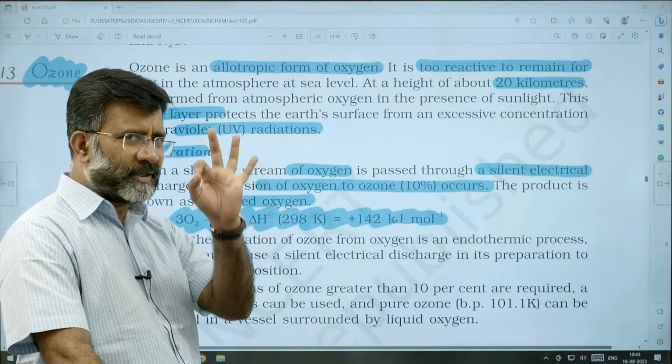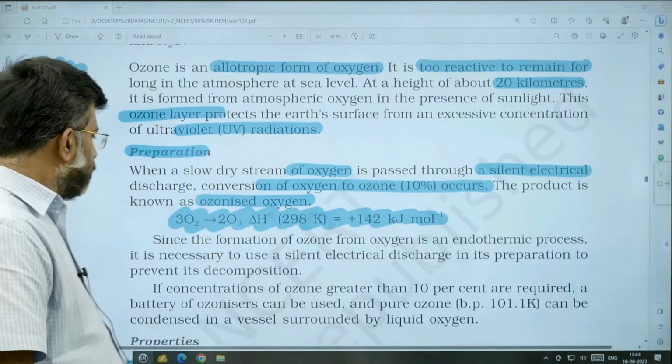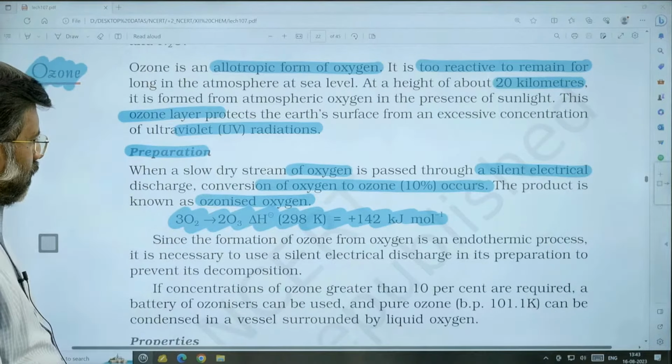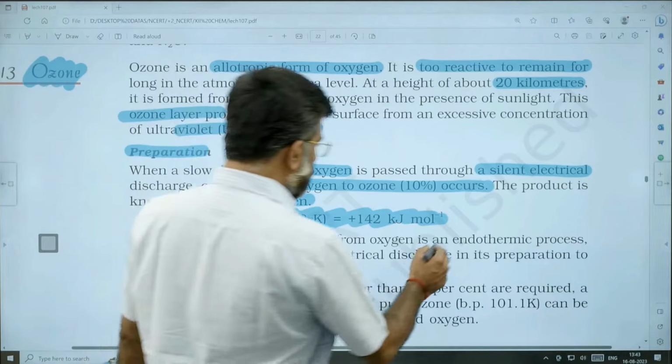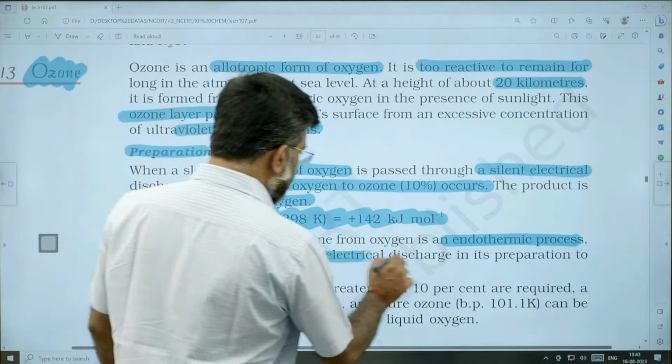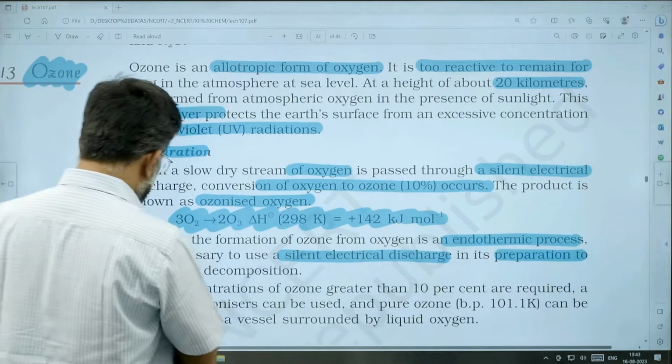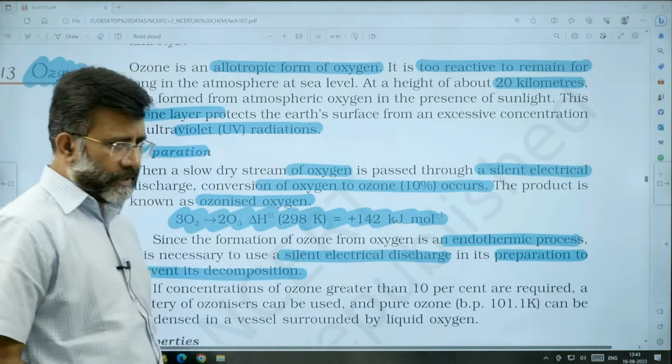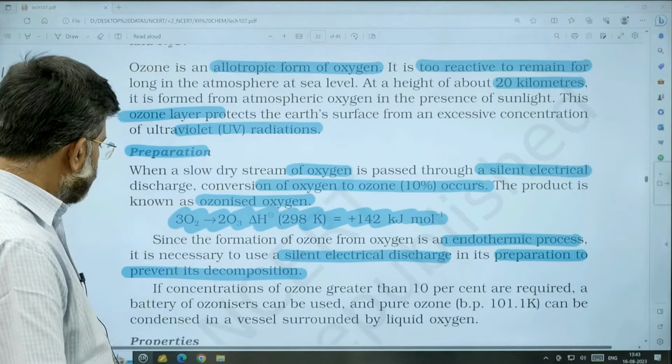And ozone is not that stable. Since formation of ozone from oxygen is an endothermic process, it is necessary to use a silent electrical discharge in preparation to prevent its decomposition. Otherwise, it may decompose back.